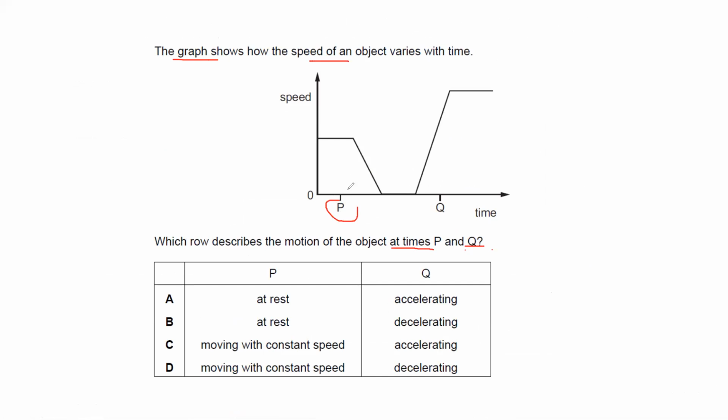What is the motion of the object at time P and at time Q, this region? And it's a speed time graph. I want participation from everyone. Yes, Heather, Abdullah Khan, Saim.